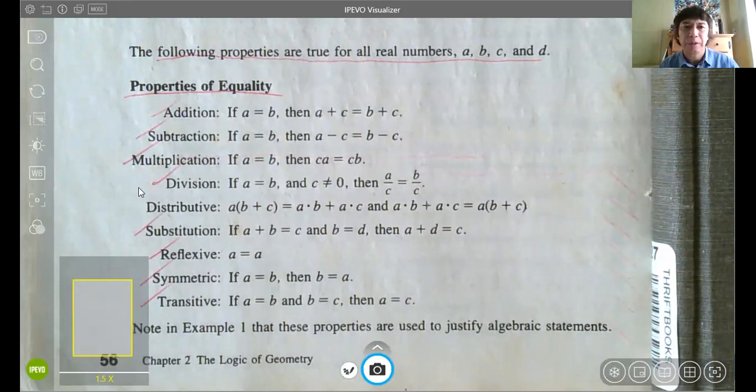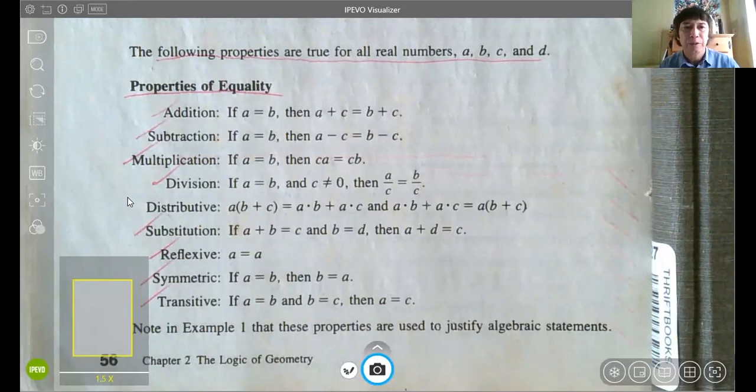The division property is if A equals B and you have a third quantity C which should not be equal to 0, then quantity A divided by C is also equal to quantity B divided by C. C not equal to 0 because we cannot divide by 0. That is not allowed in math.